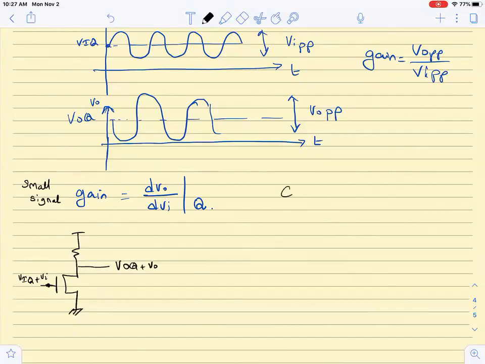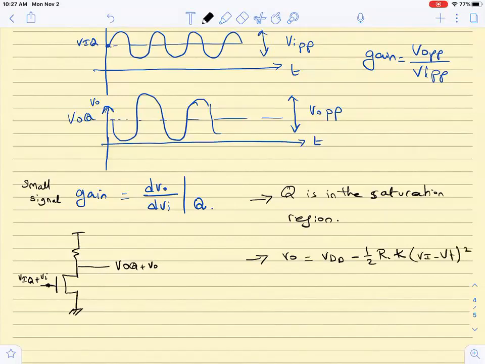Now Q is in the saturation region, because the gain is in the saturation region. And we already know from before that in the saturation region we get the equation for Vo: Vo equals VDD minus half R times K times (Vn minus Vt) all squared. So can I find the gain? I can find dVo by dVn.